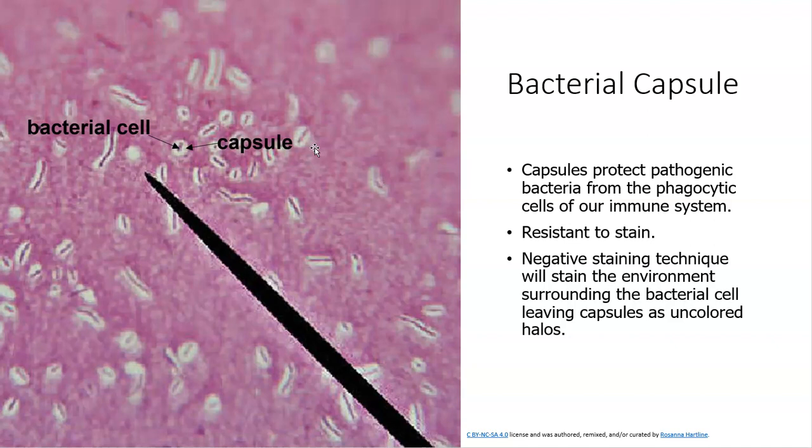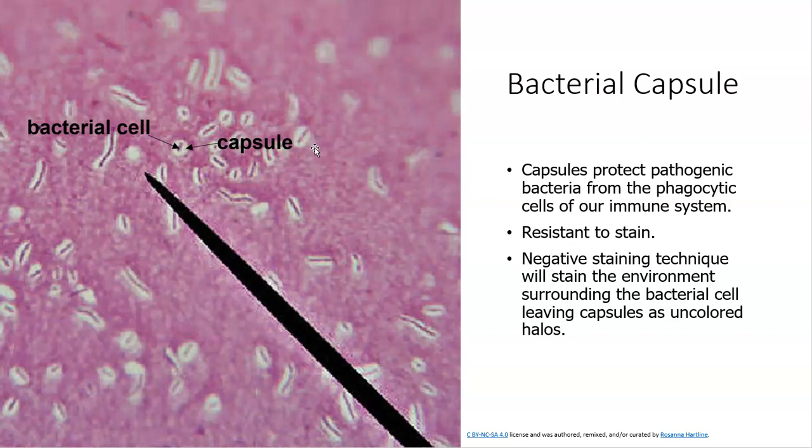If you remember from other courses, things like neutrophils and monocytes circulate throughout our body, and when they come in contact with a foreign pathogen like a bacterium, the macrophage would engulf and destroy the bacterium. But not if the bacterium has a capsule. Bacteria with capsules are resistant, so it allows them to survive in the presence of these phagocytic cells and continue to establish themselves within the host and cause an infection.